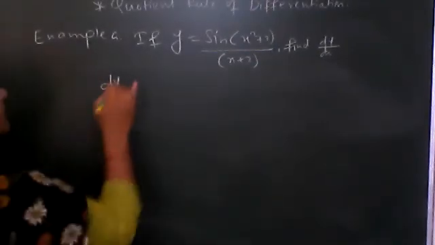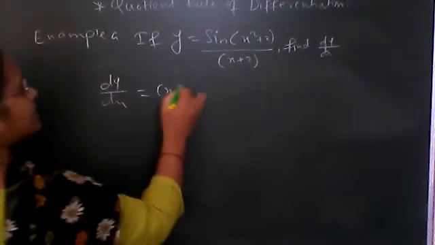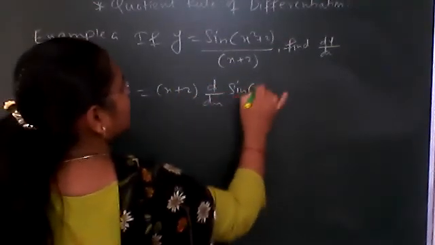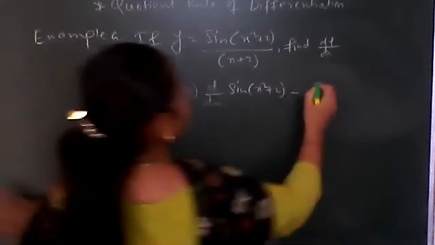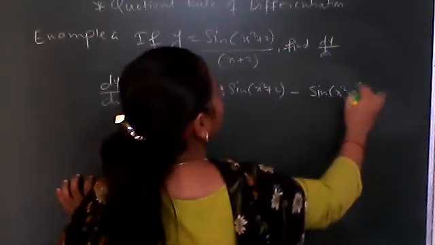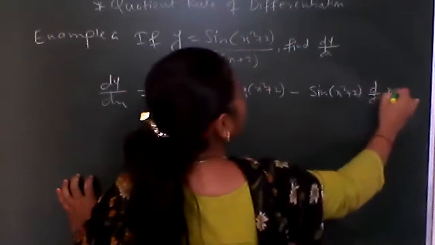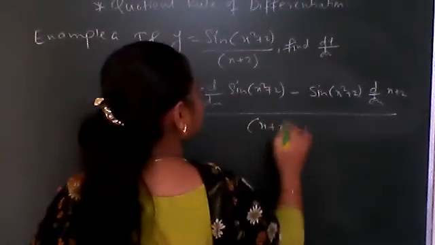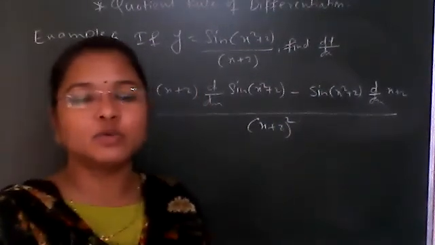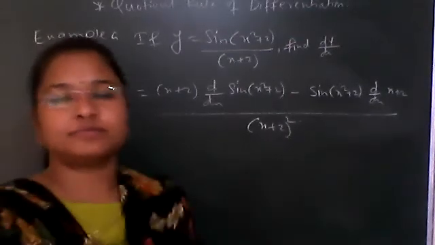So what is the first step? dy by dx is second function constant, derivative of first function sine of x square plus 2, minus first function constant sine of x square plus 2 into derivative of second function, whole thing divided by second function square. Now, what is the derivative of sine of x square plus 2? What is the derivative?